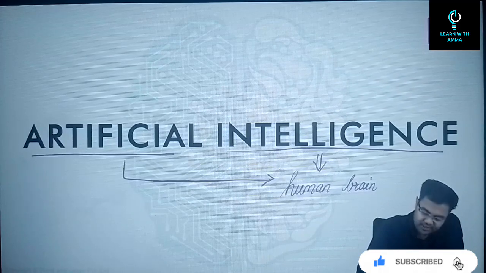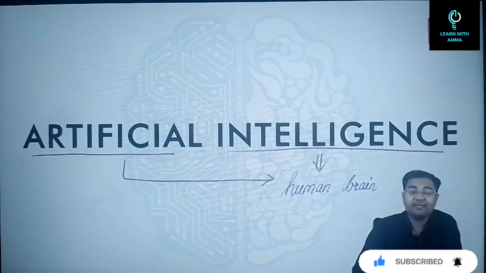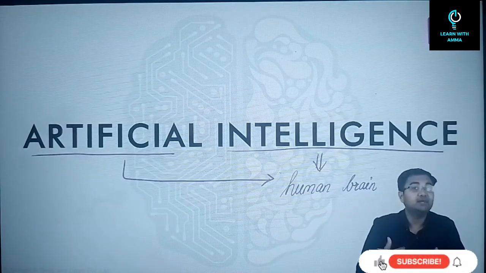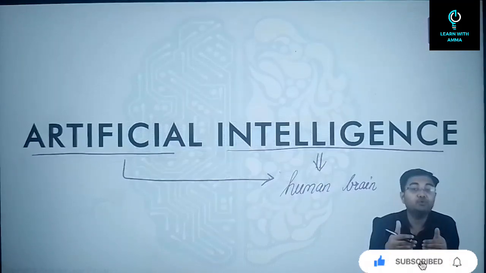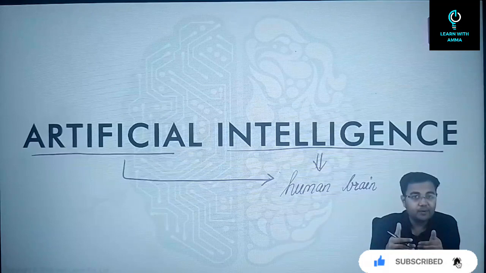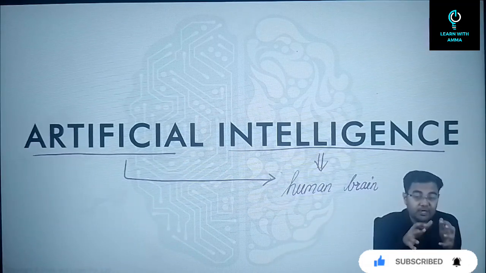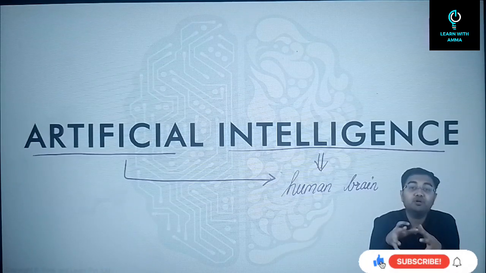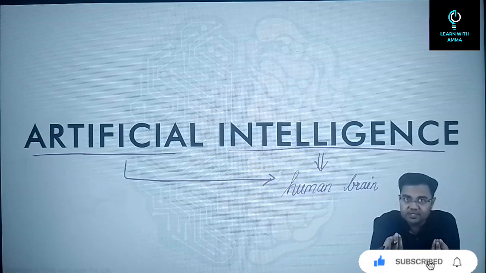Now artificial intelligence can be of different kinds, and we'll have a look at what these different kinds are. But here you just have to understand that we are talking about an intelligence that has been artificially developed, that we have developed. We have trained a machine, we have trained an algorithm how to work and how to understand the process and how exactly it needs to work according to a given environment, without us having to give the instruction every time. For example, when we talk about a computer program or software, you give instructions, correct?